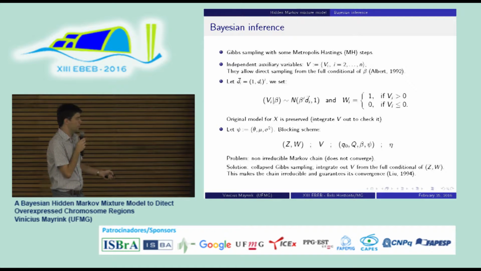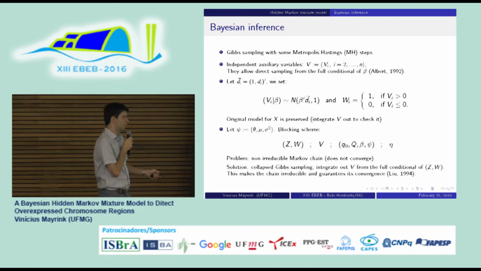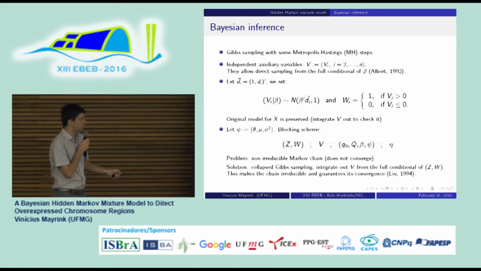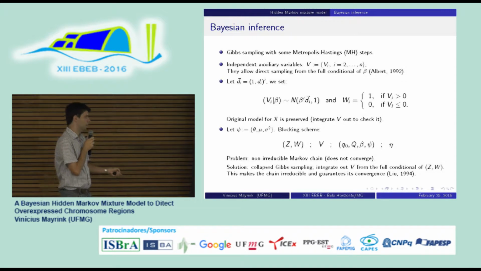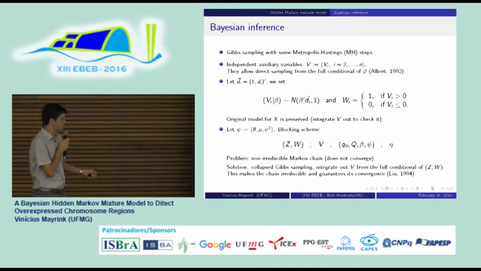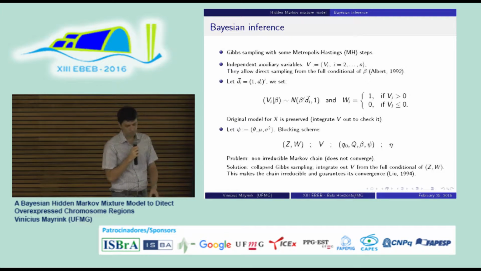We basically sample Z, W, V, Q0, Q the transition matrix, and the beta and phi, and also the eta. The connection between V and W makes this Markov chain non-irreducible. So in order to solve this problem, we will use a collapsed Gibbs sampler where we integrate out V for the analysis.